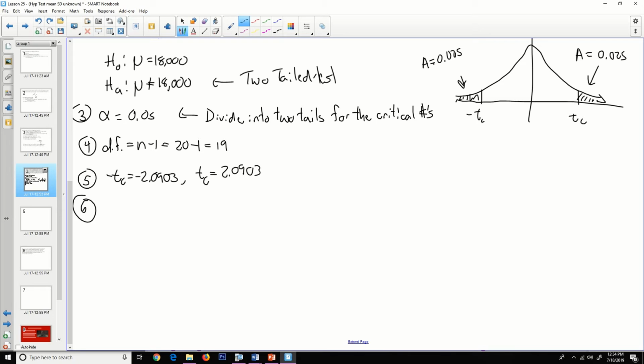So those are our rejection regions: anything where you have a t-value less than negative 2.0903 or a t-value greater than 2.0903. And so now we're going to calculate that test statistic.